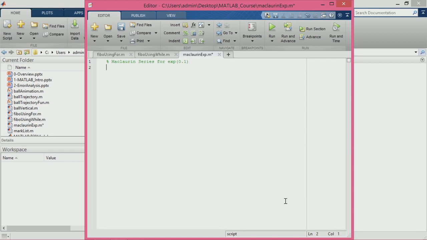Okay. So, let us look at the Maclaurin series with different numbers of terms. Let us say we want to look at terms up to n equal to 5. So, we will say n equal to 5, our value of a was 0.1, okay, and the result, let us call this exp val, equal to 1.0.